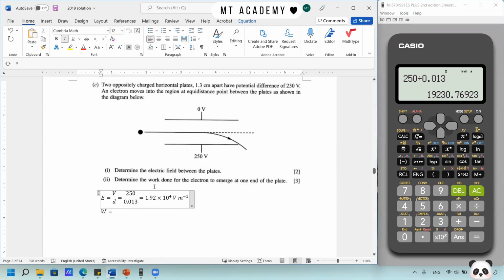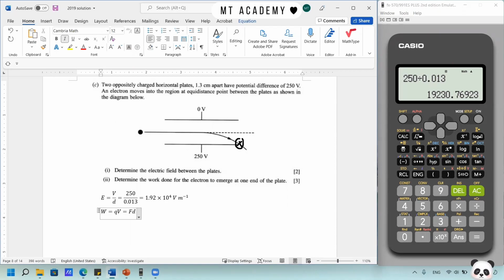Determine the work done for the electron to emerge at one end of the plate. Emerge means escape. We need to reach this point. So the work done can be equal to the change in the electric potential energy, which means we have the formula QV. Or you can also use the formula of force multiplied by the distance travelled.